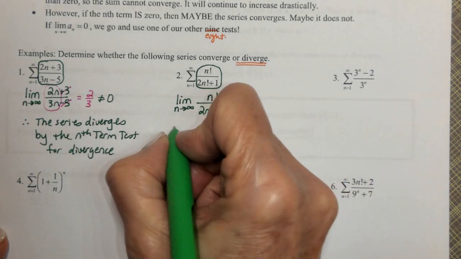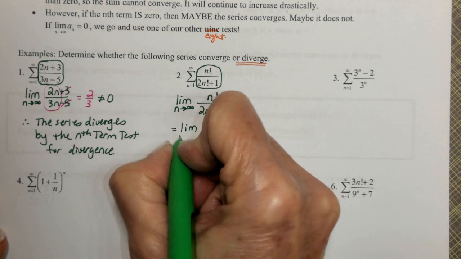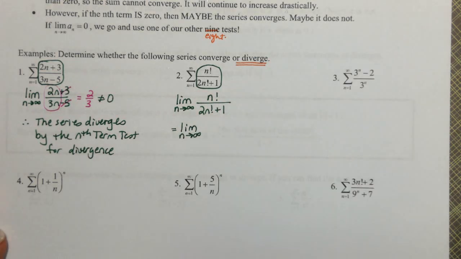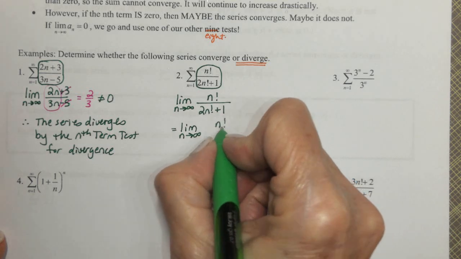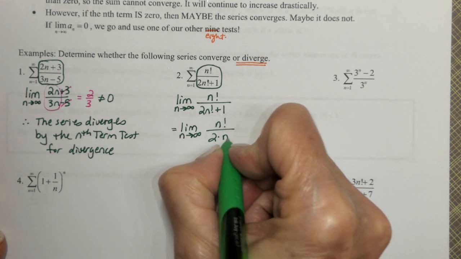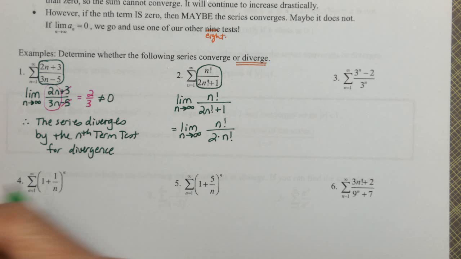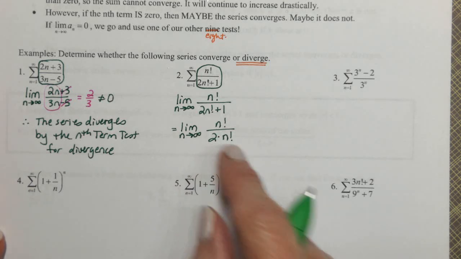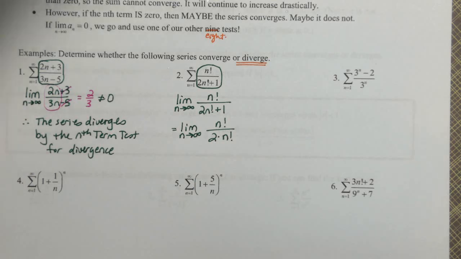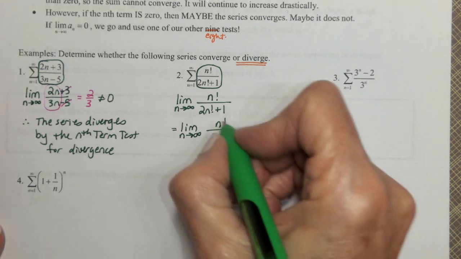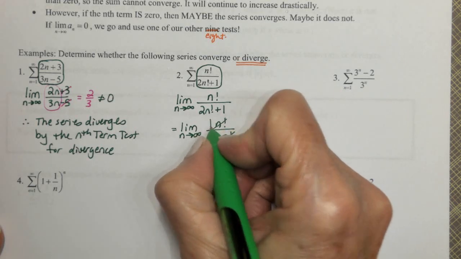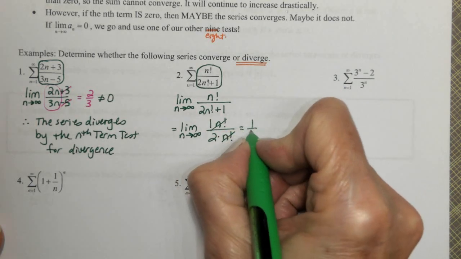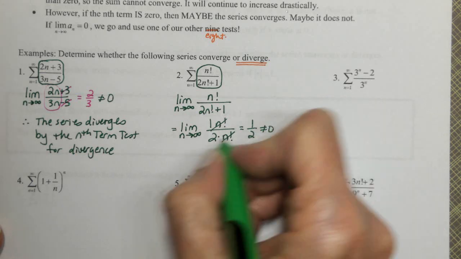So I'm left with the limit as n goes to infinity of n factorial over 2 times n factorial. Notice that that is not 2n all factorial. It is 2 times n factorial. Okay, so this reduces. The n factorial is reduced to 1 over 2, which is not 0.